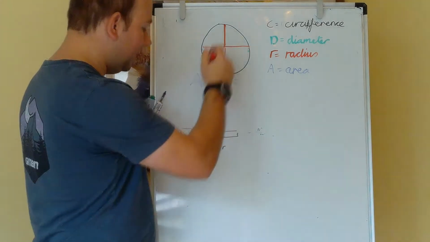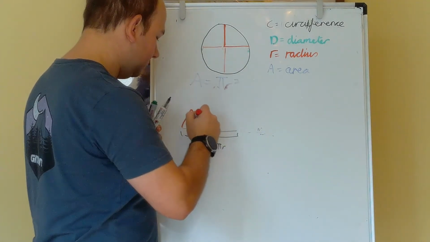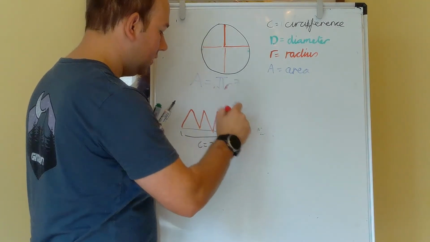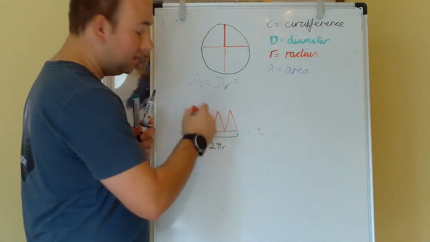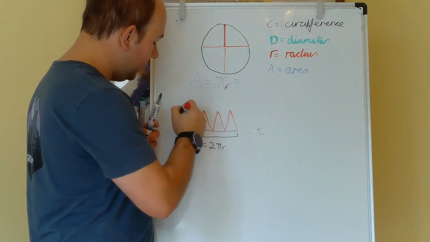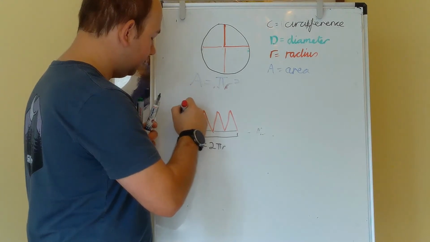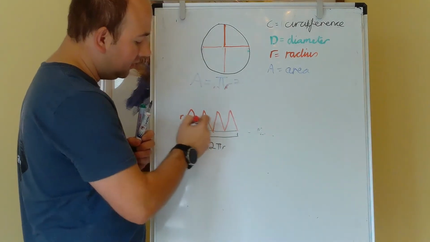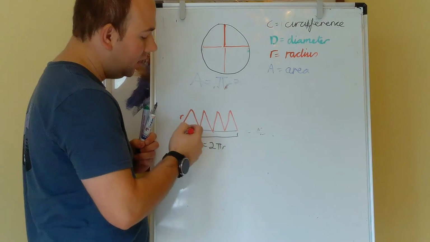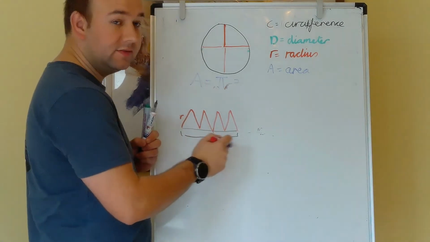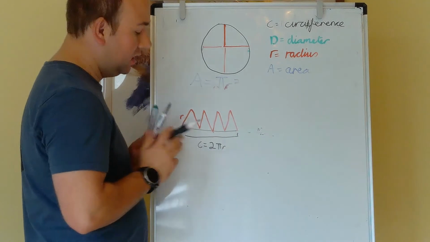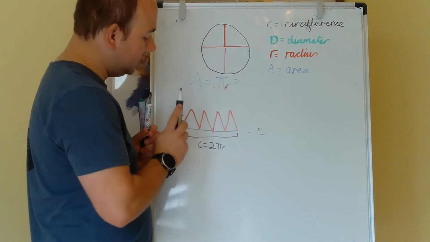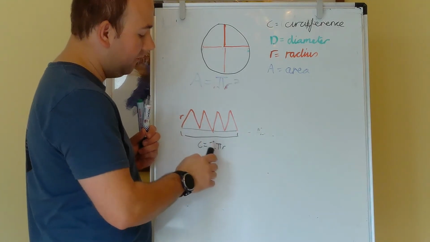And on top of this, we're going to have 4 equal triangles. The sides of this triangle are going to have side r, this will be side r, this will be side r, and so on. And we've also got this side at the bottom here, which in this case will be 2 pi r divided by 4, because there are 4 triangles. So they're going to be isosceles triangles with 2 sides of r and a base of pi r over 2.